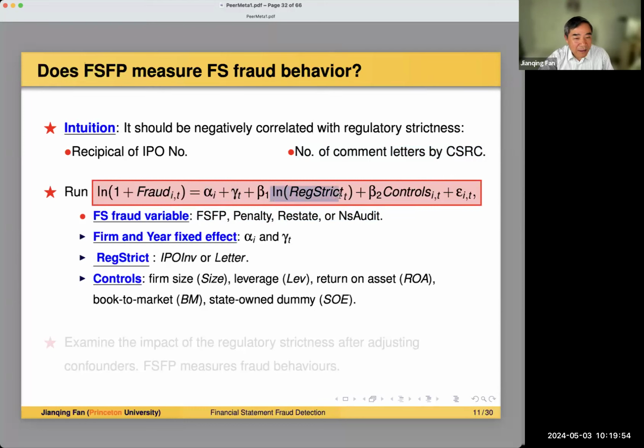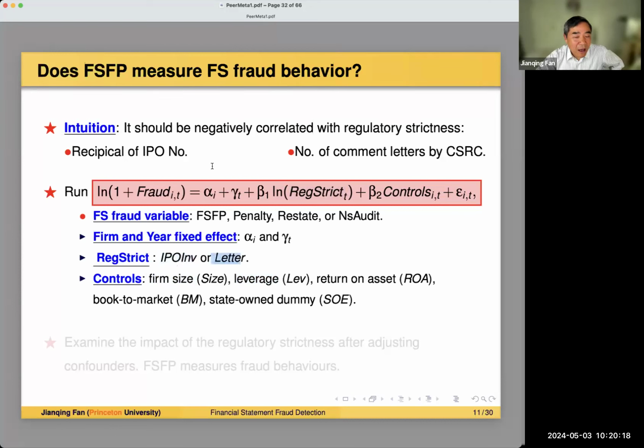And then this is the regulatory environment, and there are the control variables that we use here. The control variables could be firm size, leverage, return on assets, book-to-market ratio, and state-owned or not state-owned company, and the regulatory variable here is what we want to see, the inverse of this and that, right?